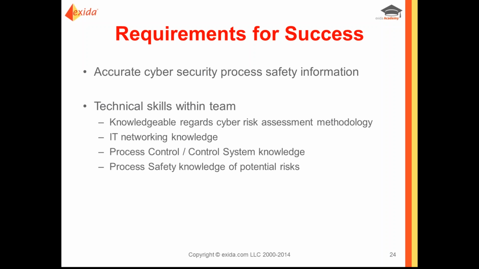Ideally, you want a team of more than 2 people, but perhaps less than 6 people. If the team starts getting too large, it could bog things down. But you do need individuals who understand those threats, understand potential mitigations, and ways in which you can deal with those by putting countermeasures in place.